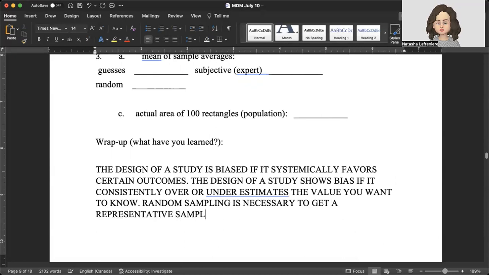For example, if you're looking for specific people who have brown hair and you pick 50 people with brown hair and 30 with blonde, you know what your results are going to be. It's pretty self-explanatory and very biased. When you have random sampling, it's more representative of the data that you're looking for.